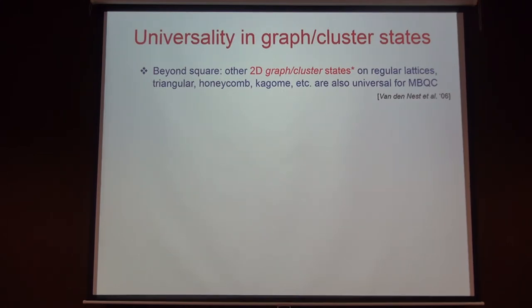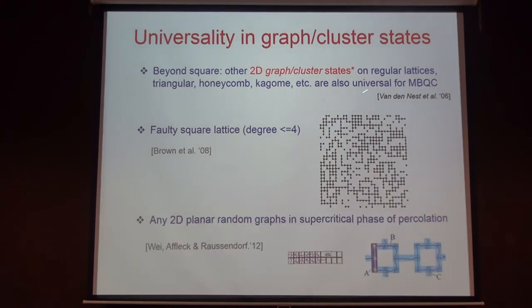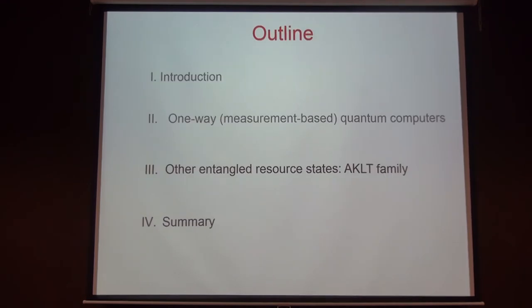So one thing we'd like to ask is, I showed you the special case of cluster state or graph state. We want to ask, beyond these states, what are the states that you can use to perform quantum computation in the measurement-based way? There are many extensions beyond the cluster state and graph state. But today I'm going to focus on one particular family, namely the AKLT.